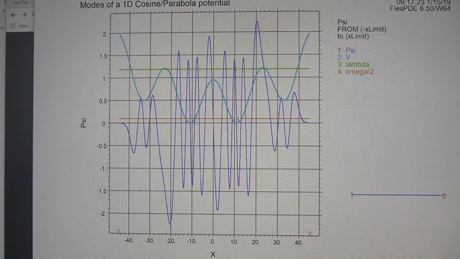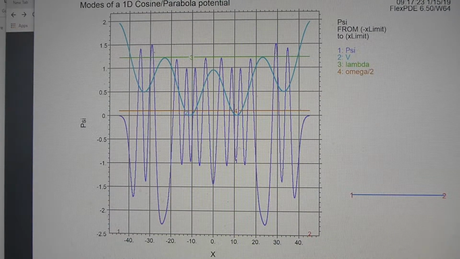Here we have that same thing. Okay, at this point we've just exceeded the peak of the higher potential wells, and now we've got a fairly even population in both of them.